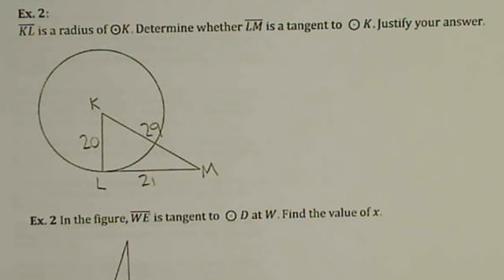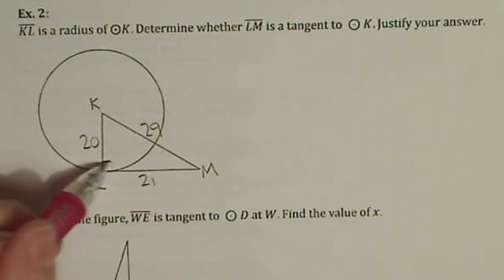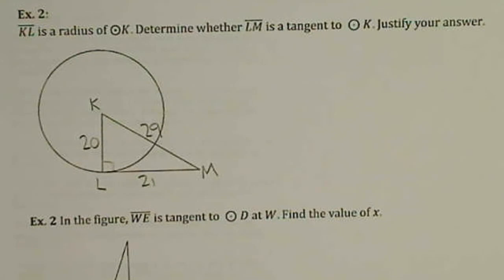So to know if something is tangent, our first theorem said that if it's tangent, then our radius and our line will be perpendicular. So this would have to be a right angle. If it were a right angle, we could do the Pythagorean theorem.